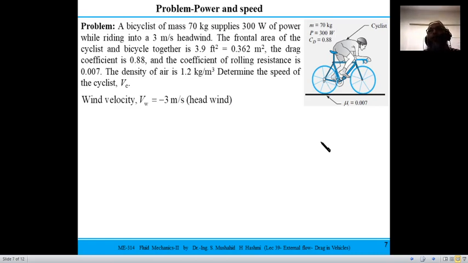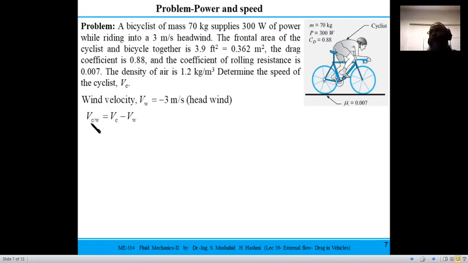We know the wind velocity is 3 meters per second. I have used a minus sign because I am assuming the cyclist is moving in the positive direction, so the wind is opposite to the direction of the cyclist. We know the concept of relative velocity. The cyclist is moving and there is a wind, so there would be the speed of the cyclist relative to the wind, and this is how I have written the relative velocity, v of the cyclist relative to the wind.